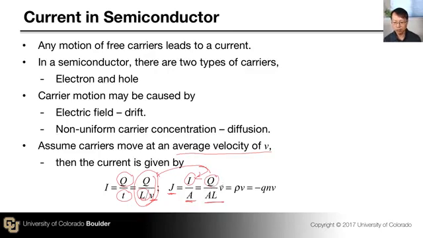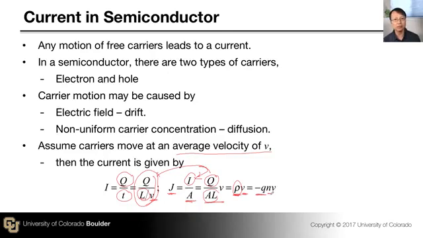So total charge divided by volume will give you charge density, and multiply by the average velocity at which your carriers move. Now, if the current that we're describing here is a current due to electrons in the conduction band, the charge density here is simply given by the electronic charge negative q, the charge that each electron carries, times the density of the electron.